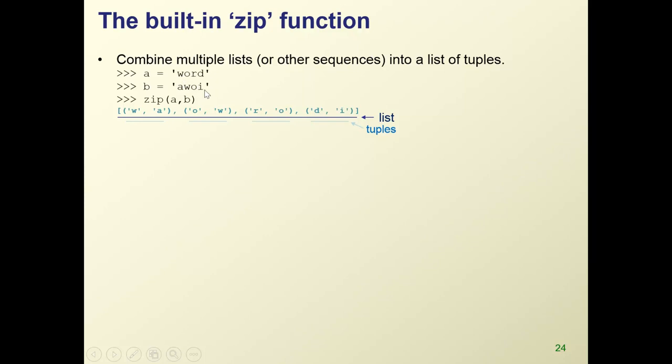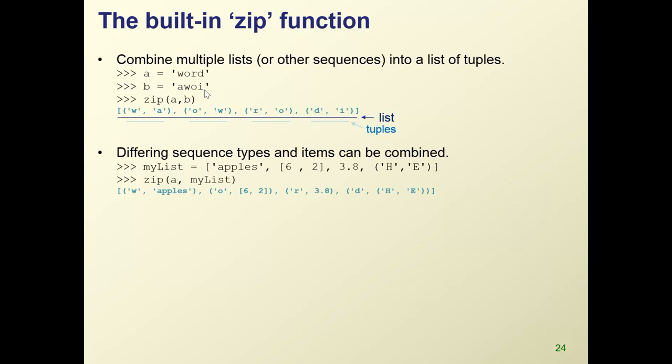You don't have to use the same types in each of the sequences. So you can use two different sequence types, and you can also within each of the sequences use different types. So in this example, we're using a string, which is a sequence of characters, and a list.